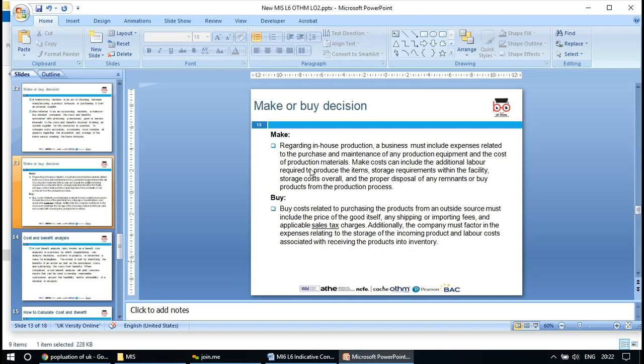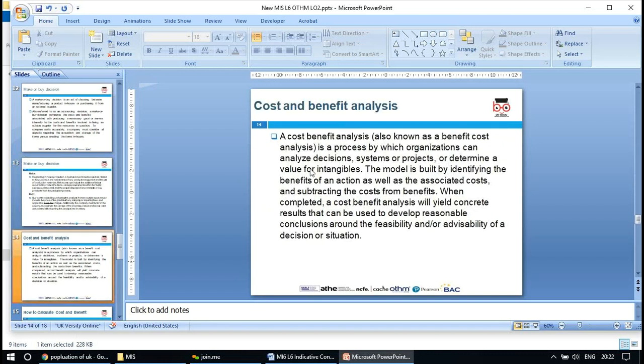Okay. Then cost and benefit analysis. So cost and benefit analysis is, naturally, a very easy thing, isn't it? But sometimes in personal life you don't really work on this, isn't it? Sometimes you make full decisions.